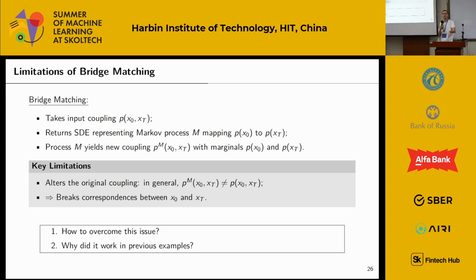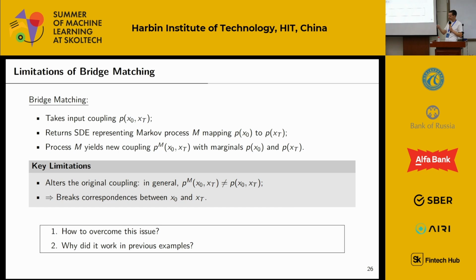The short answer is we never know, because bridge matching in general alters the coupling on which it is trained. Theoretically, it is possible that you train your bridge matching model on a coupling like cat, cat, dog, dog, but in the end you obtain cat, dog, dog, cat.